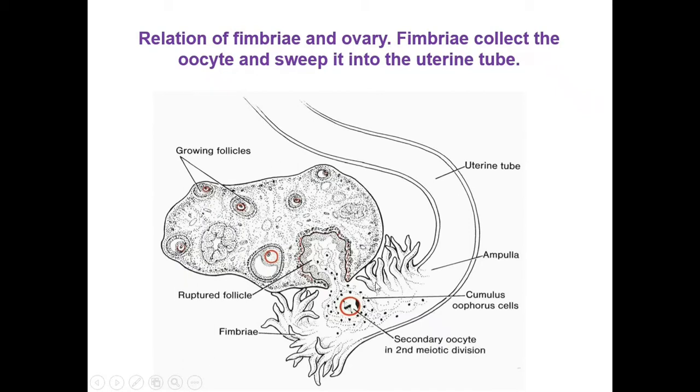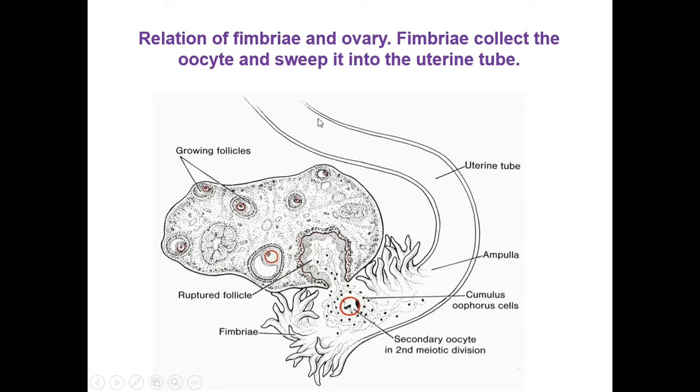The question is asked, how do the sperm come from the vagina and uterus into the isthmus? This is facilitated by some movements of the sperm's own, and some movements are added by the contraction of the smooth muscles of the uterus and the uterine tube.